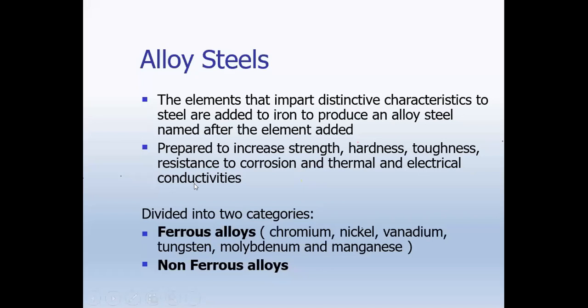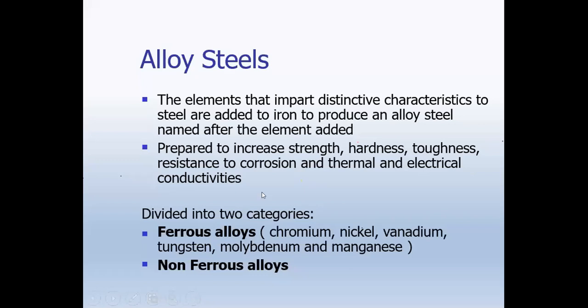So you can improve the normal steel by adding some elements to it, and by so doing, we no longer have the normal steel or the mild steel. Instead, we shall have the so-called alloy steel.